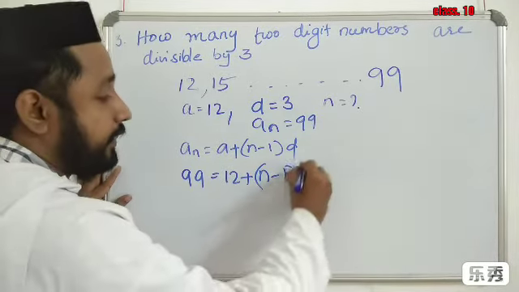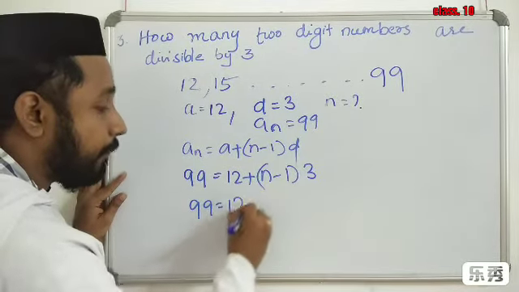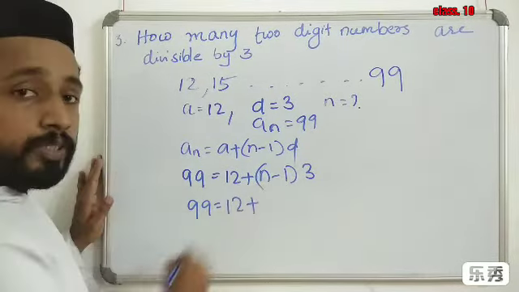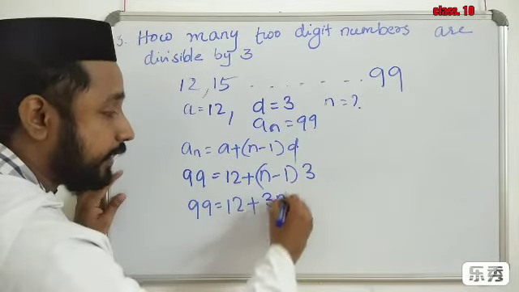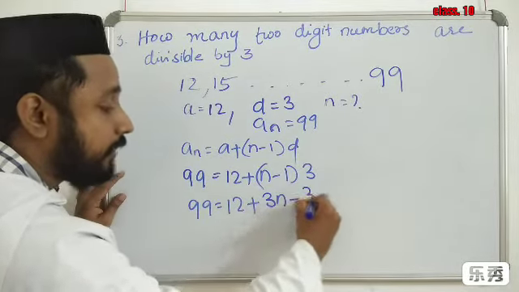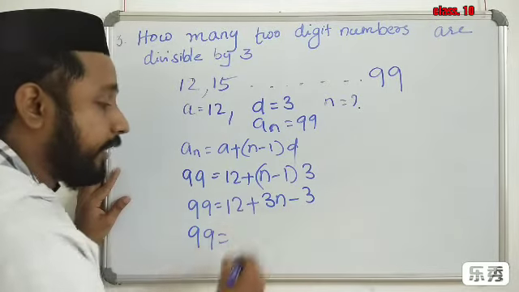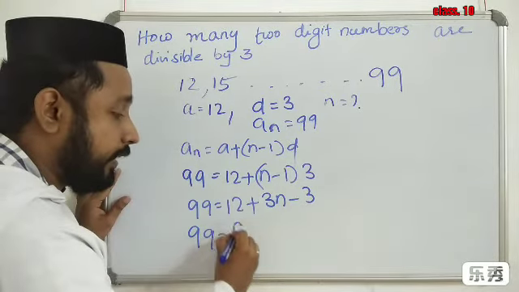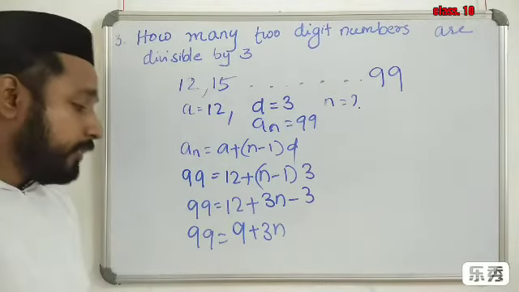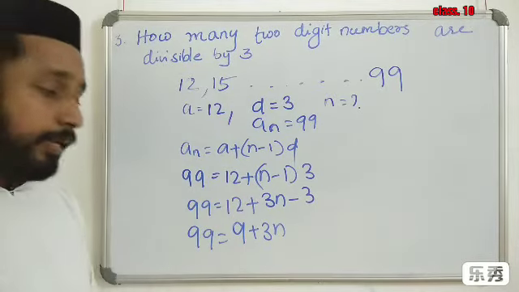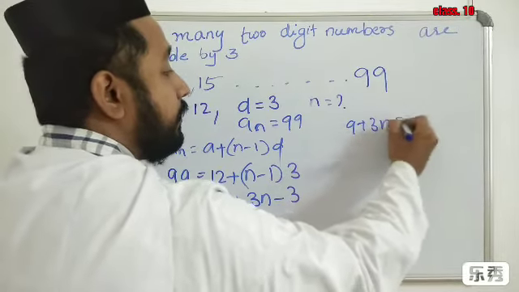A is 12, D is 3. Which means 99 is equal to 12 plus N minus 1 into 3, means multiply 3 with the bracket: 3 into N is 3N, minus 3 into 1 is 3. So 99 is equal to 12 minus 3, which is 9, plus 3N. So 9 plus 3N is equal to 99.